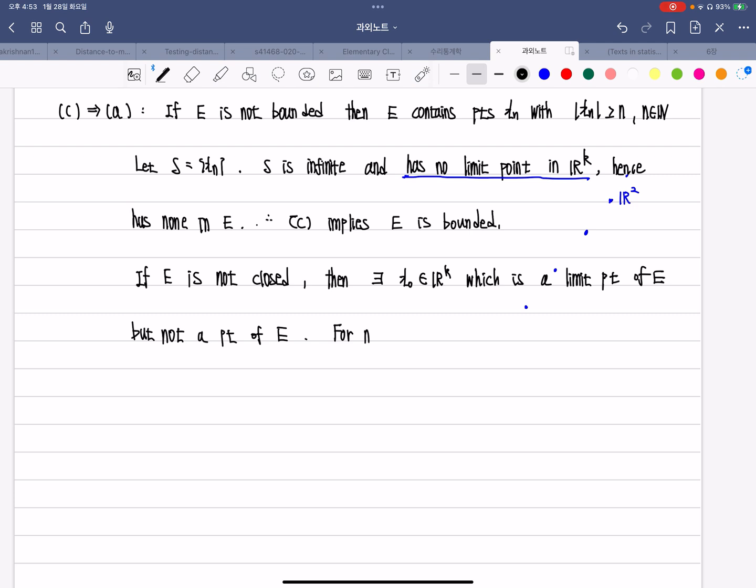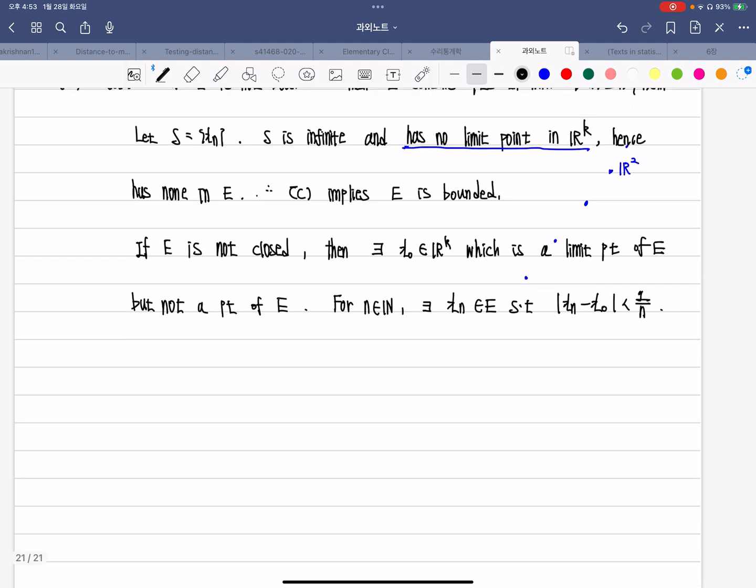For natural number n, there exists a point xn in E such that the distance between xn and x0 is smaller than 1 over n. This is just the definition of a limit point. Similarly, let S be the set of the xn, and S is infinite.